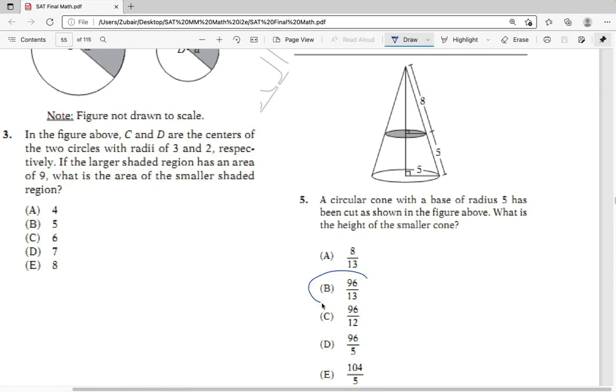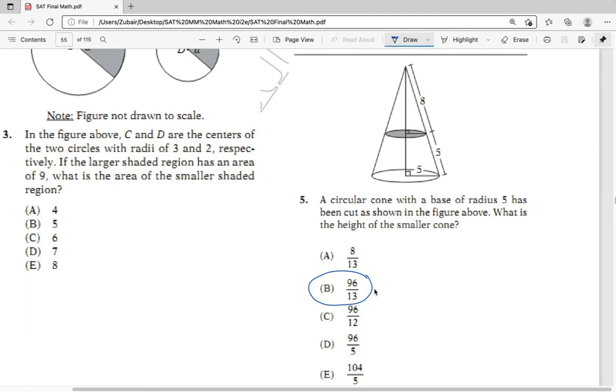Sir, how are we meant to do this without a calculator, by the way? I ended up needing to use a calculator for this question. You will have a calculator. Oh, okay, I thought this was no calculator. Digital SAT is fully calculator. And the other thing is, when there were non-calculator sections, you had a few harder questions and the remaining were normal, a balance of difficulty level in time.